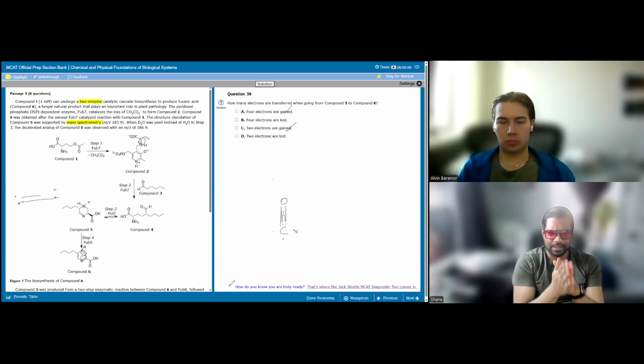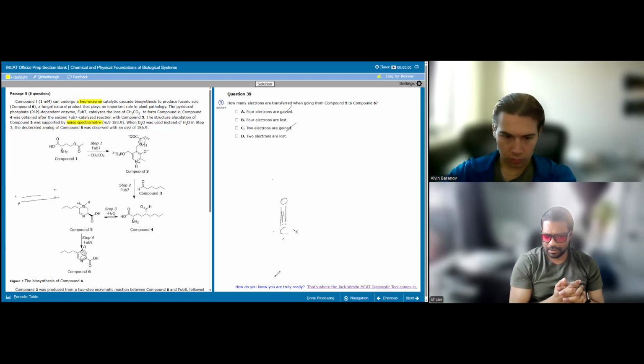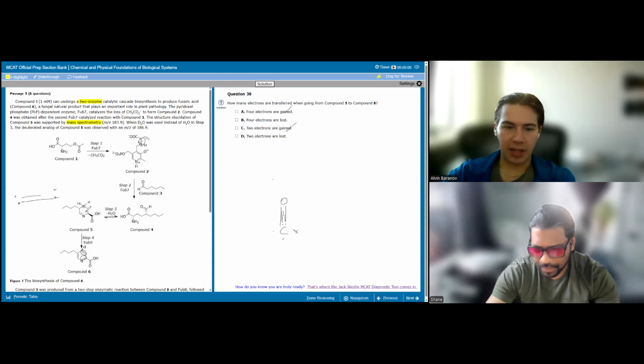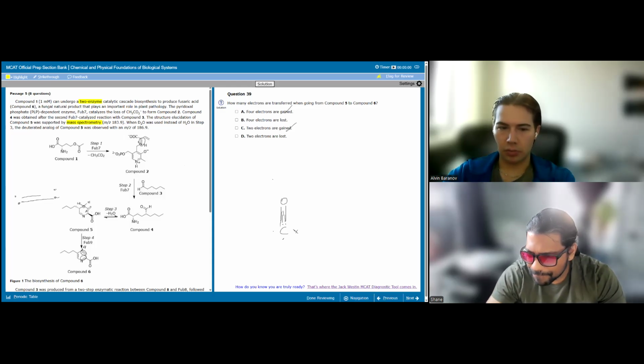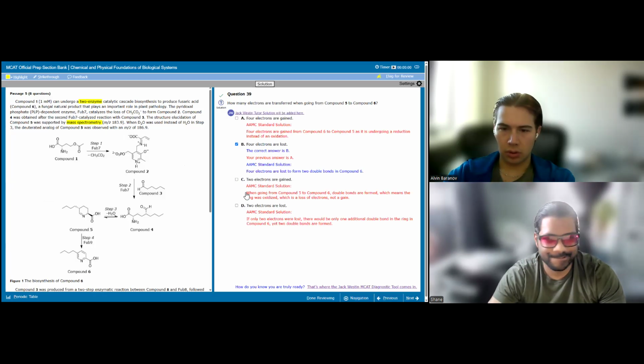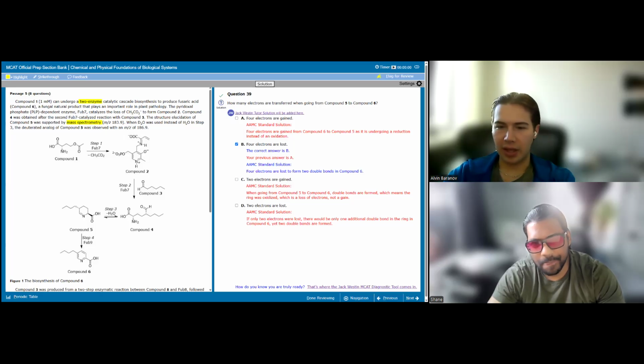In carbon, it's attached to two. So I think each double bond will be two electrons. So we lose four? Okay, because I thought that we gain electrons.